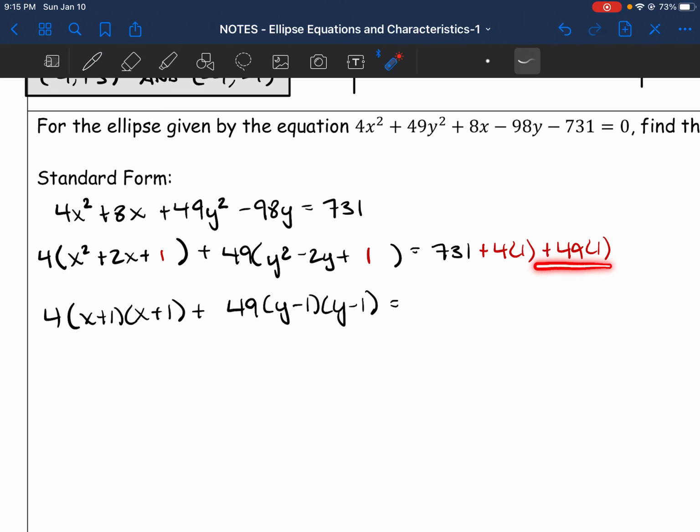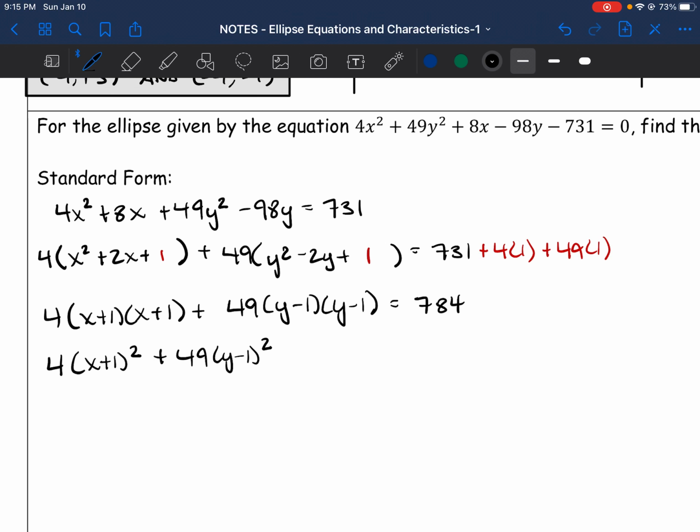And on the right side, if we go ahead and multiply and add all our terms together here, we end up getting 784. Continuing to simplify, this is now 4 times (x plus 1) to the second power plus 49 times (y minus 1) to the second power equals 784. Now, almost done.